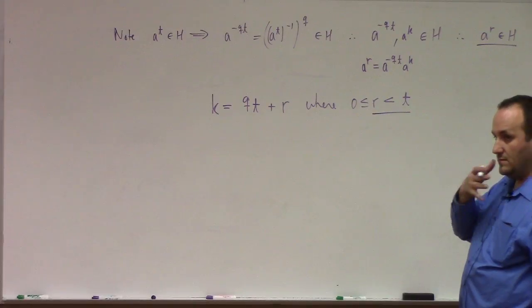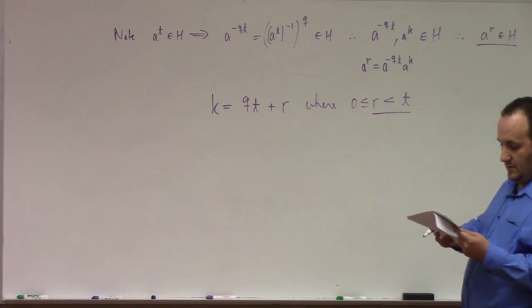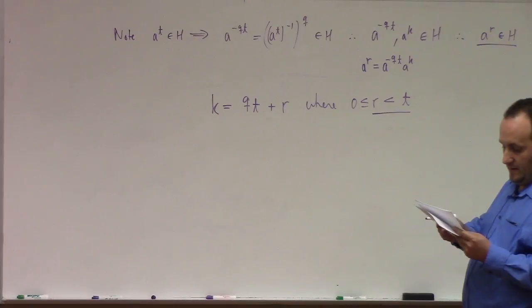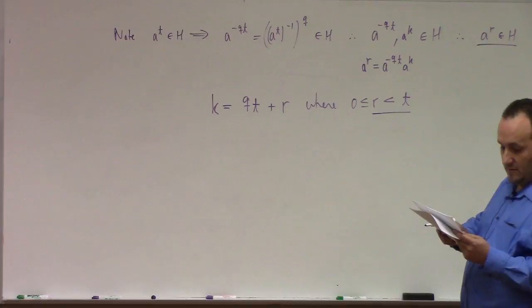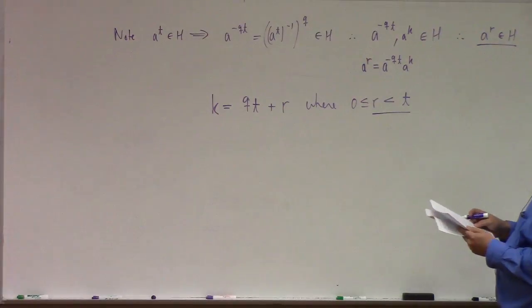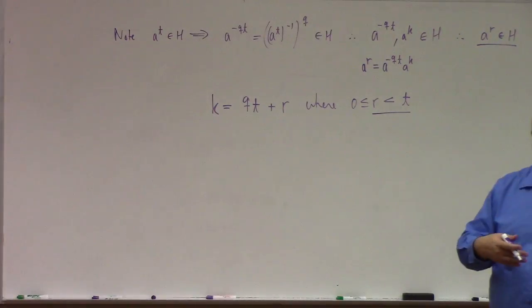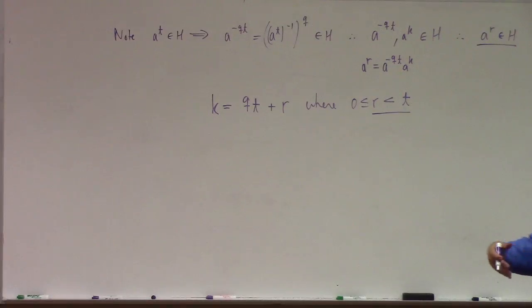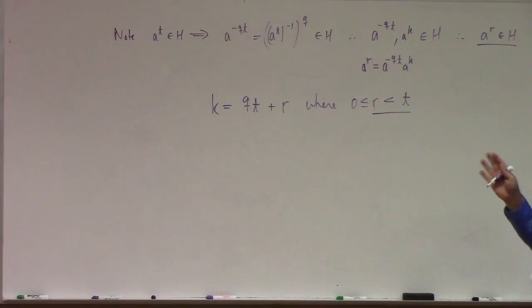But T is the smallest power which appears in H. Oh, I was thinking T was the order or something like that. No, Lambda is the set of possible powers. It's a little bit sneaky. So T is the smallest element, which means A to the T is the smallest group element, in some sense, that appears in H. And if A to the R was anything other than E, it would be an element which was in some sense smaller than A to the T, where the smallness is in Lambda.